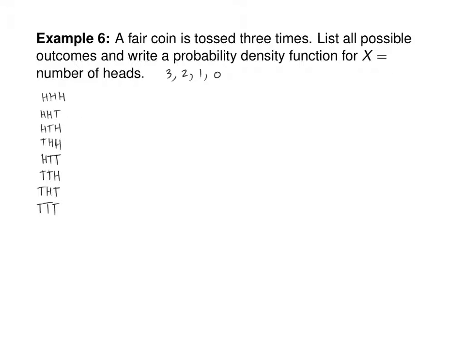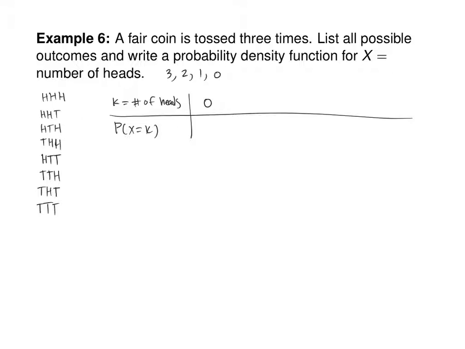So K is equal to the number of times you get heads, probability that X equals K. How many different outcomes do you have there? 8, okay.